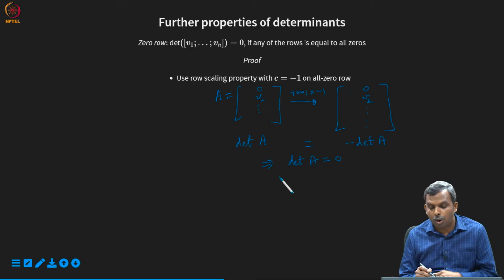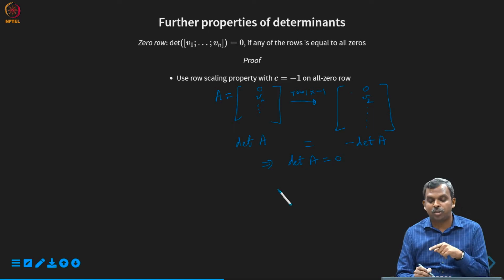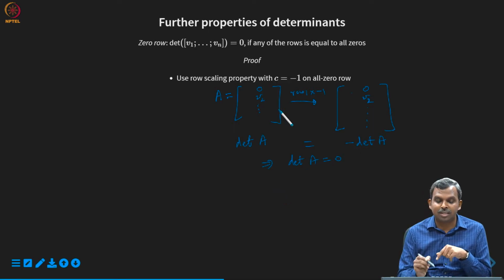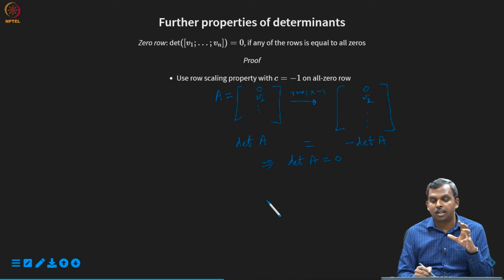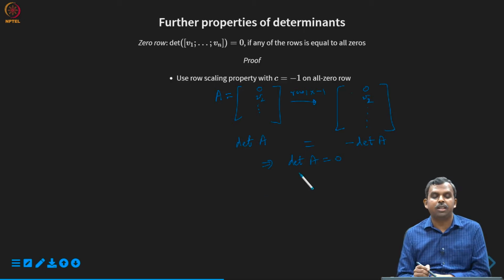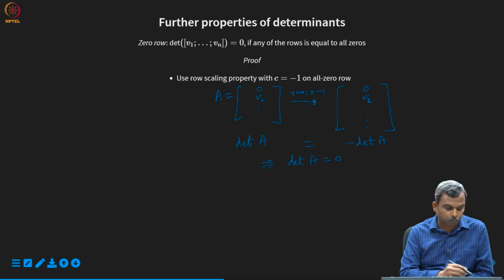The property that scaling of rows results in scaling of the determinant enforces this result. If you have an all 0 row in your matrix, that matrix's determinant has to be 0. That's a property one can quickly derive. That's the 0 row property, as I call it.